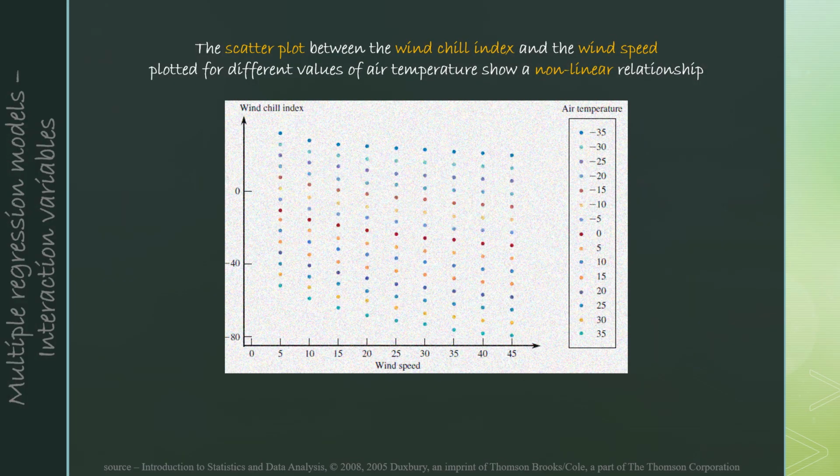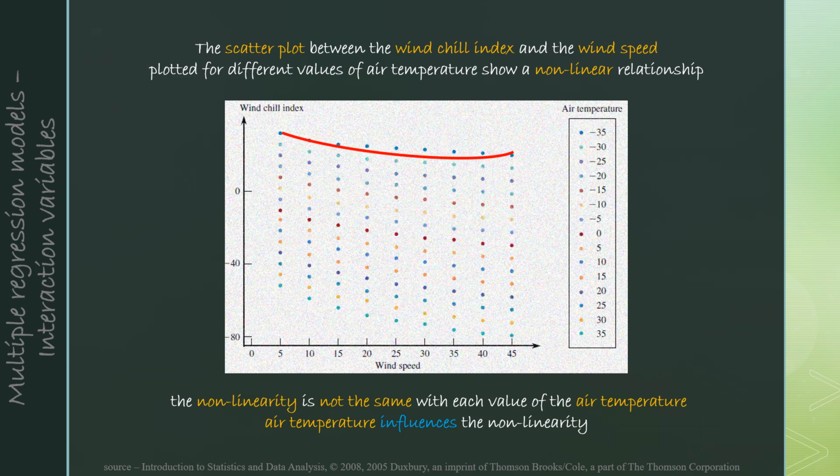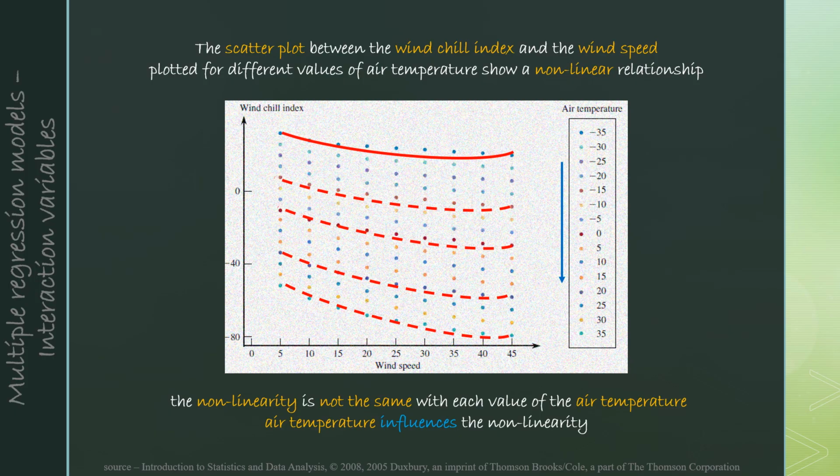The scatter plot between the wind chill index and the wind speed, plotted for different values of air temperature, shows a nonlinear relationship. However, the nonlinearity is not the same with each value of the air temperature. In other words, air temperature influences the nonlinearity.